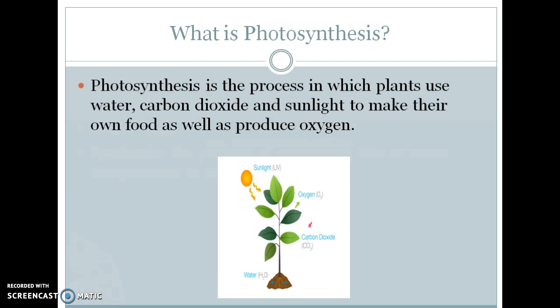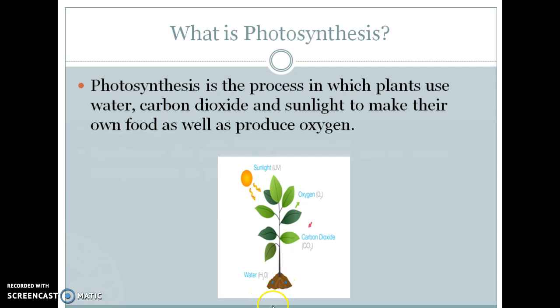Okay, so what is photosynthesis? Well, now that we know what the word means and how we've broken it down, let's learn the definition of it. Photosynthesis is the process in which plants use water, carbon dioxide, and sunlight to make their own food, as well as produce oxygen. So here you can see that I've provided a visual.